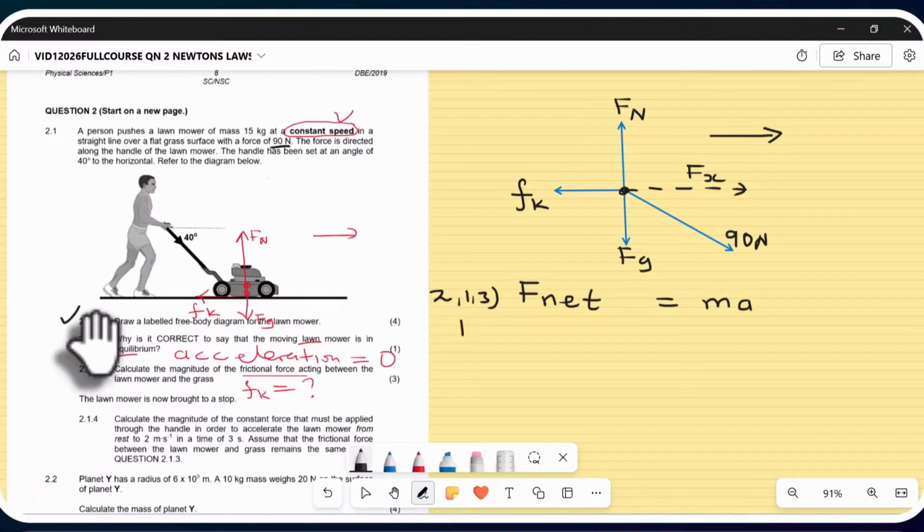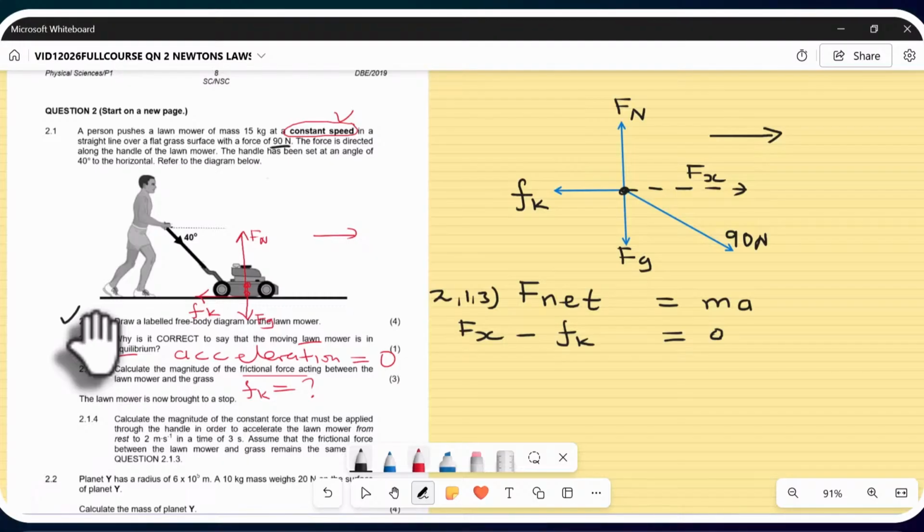Okay, so from here now, remember the angle was 40 here. If I extrapolate this one and make it longer like this, I want to be careful here.